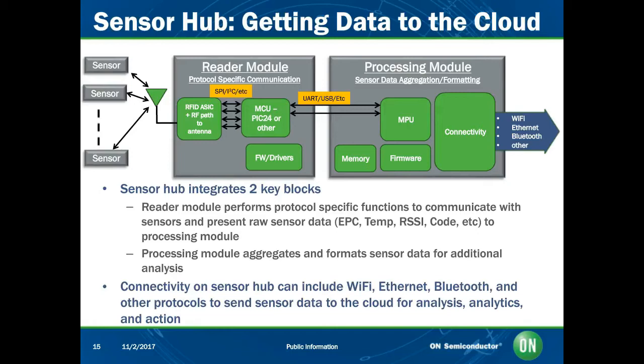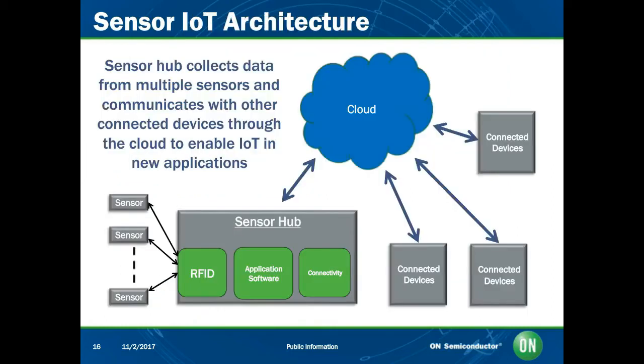The processing module does data aggregation and some basic formatting of the sensor data for additional analysis, etc. The processing module also provides the connectivity. Generally, the connectivity could be Wi-Fi, Ethernet, Bluetooth, etc. With the processing module, you have the ability to include any kind of connectivity that is desired.